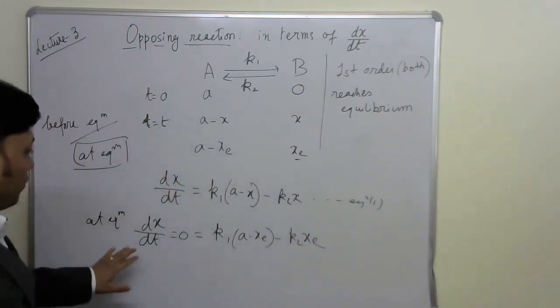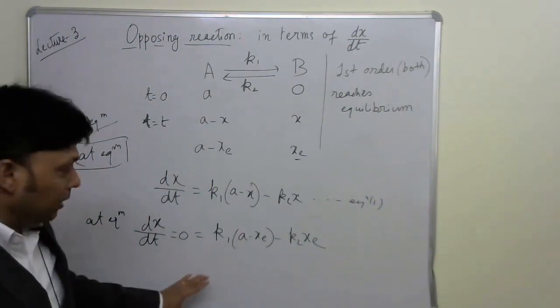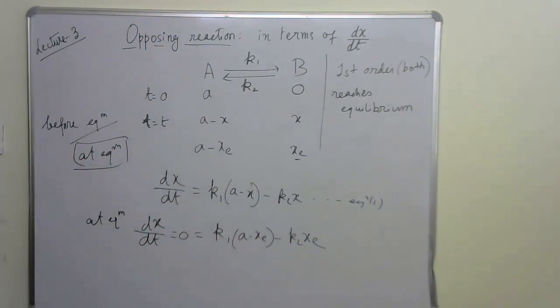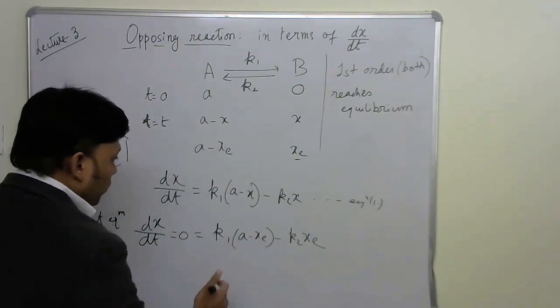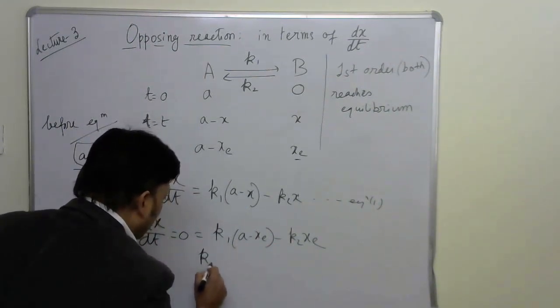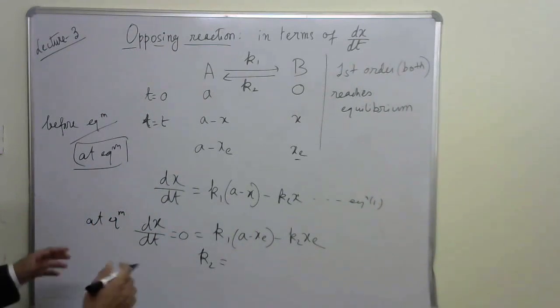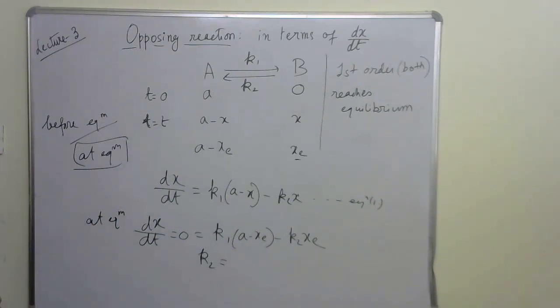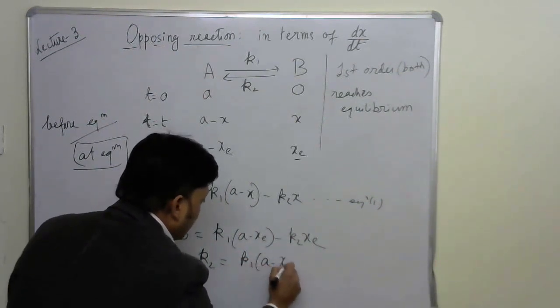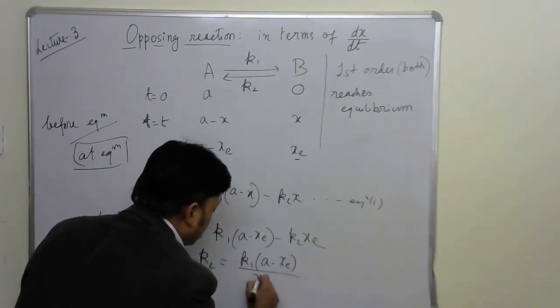Remember, this happens exactly at equilibrium. So our job is to find k2 from this equation, and we get k2 as k1(a − xe) divided by xe.